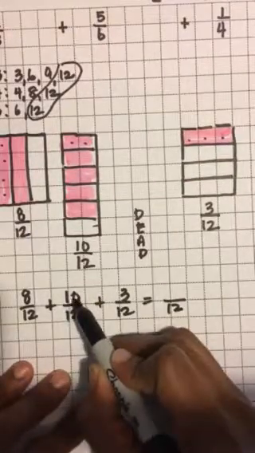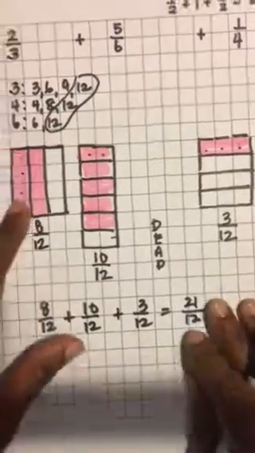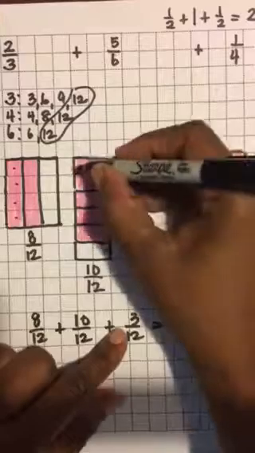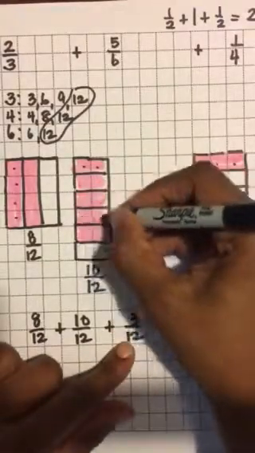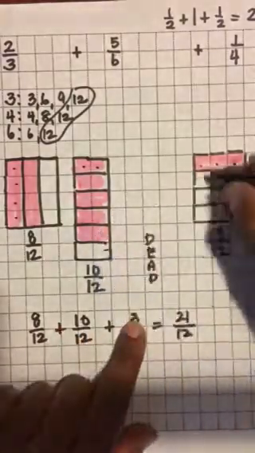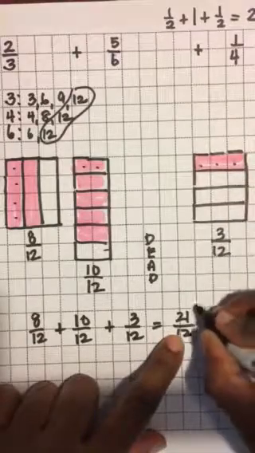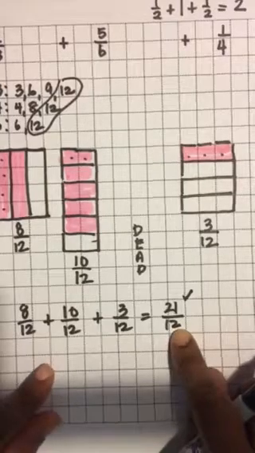I know that 10 and 8 give me 18, plus 3 is 21, but I have a model here so I can simply count. So here's 8 twelfths, 10 twelfths, 12 twelfths, 14 twelfths, 16 twelfths, 18 twelfths, 19 twelfths, 20 twelfths, 21 twelfths. So I am correct. However, this is an improper fraction, which means it's not in its simplest form.